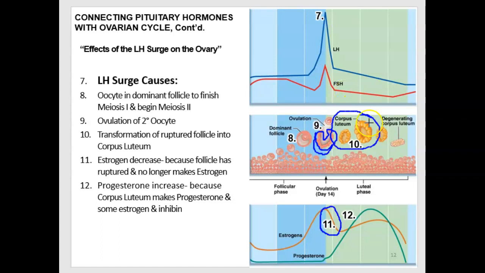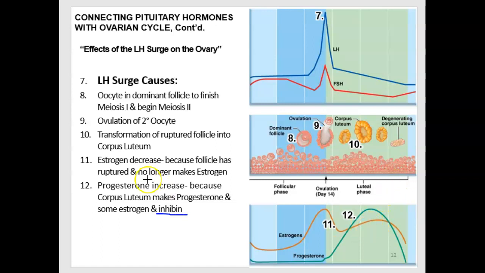Now, progesterone is going to increase during this time period, shown as number 12. And that's because the corpus luteum begins making that hormone. So progesterone is released by the corpus luteum. Now, the corpus luteum does make some estrogens, not as high of a level as the dominant follicle. It also makes a hormone called inhibin.